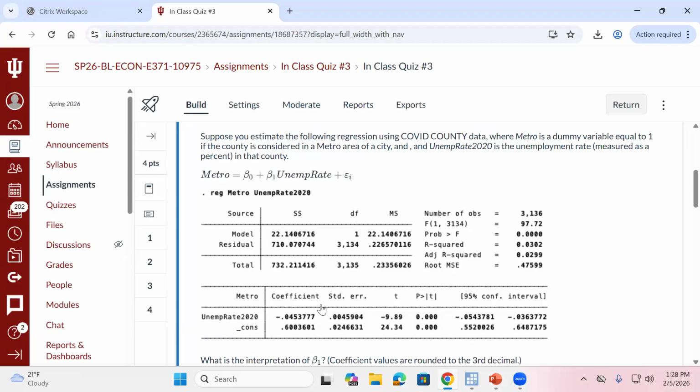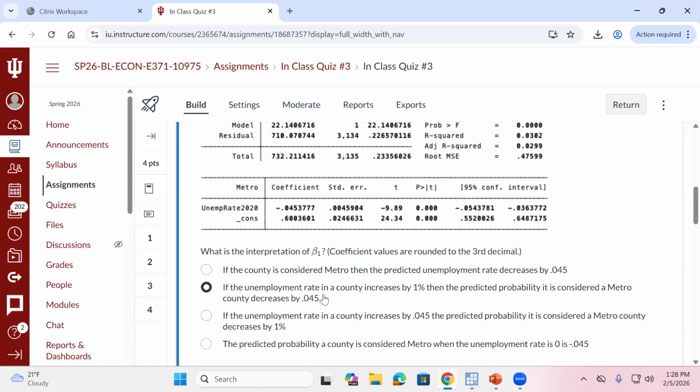So changes going from 0 to 1 are going to be changes in the probability I belong to that one group. So if the percent of a county that's unemployed goes up by 1%, the probability it's considered a metro county goes down by 0.045. If I have a probability, I could also say that it goes down by 4.5%.